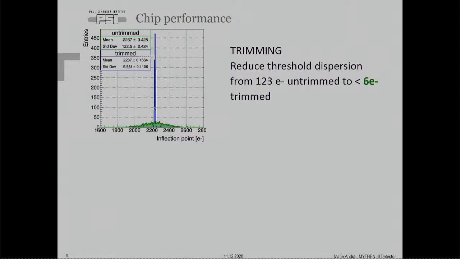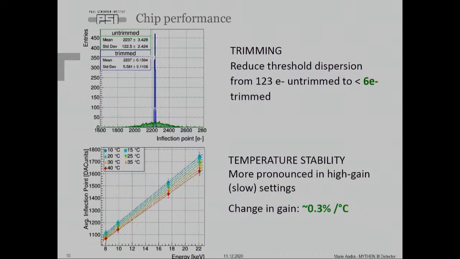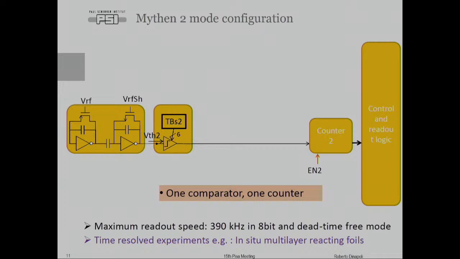Thanks to our 6 trim bits, we managed to reduce the threshold dispersion, which is about 123 electrons untrimmed, to 6 electrons after trimming. And for the temperature stability, we measured a 0.2% gain change for every degree, which we find acceptable in our working conditions.